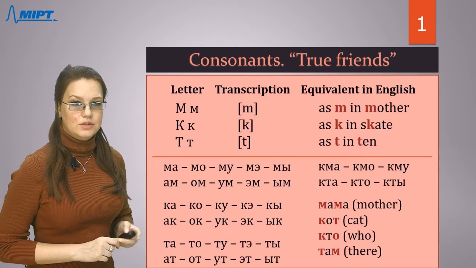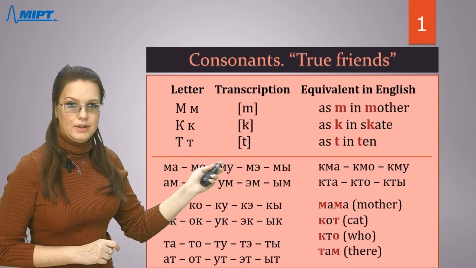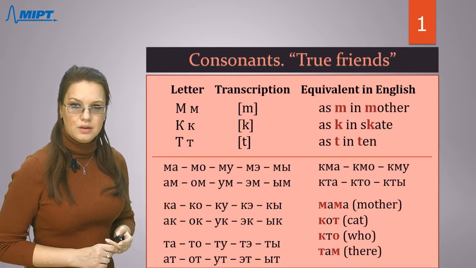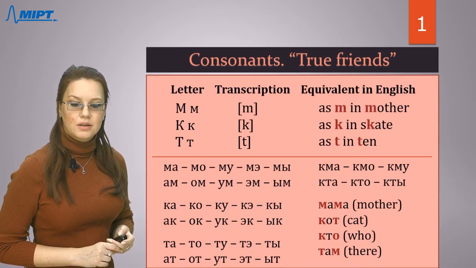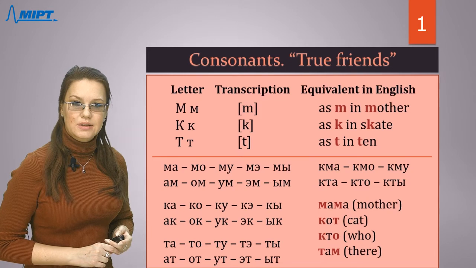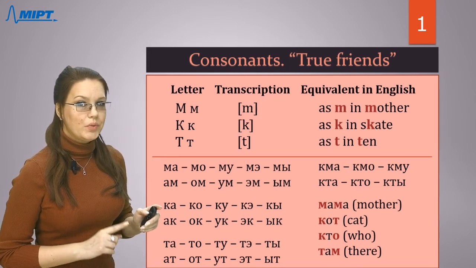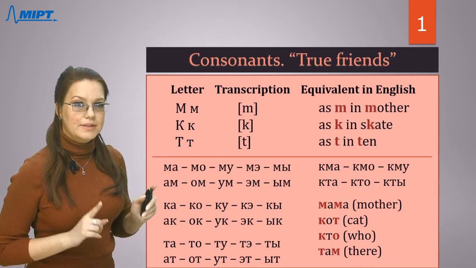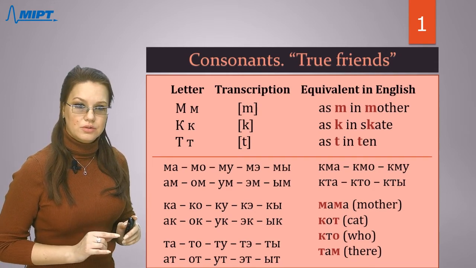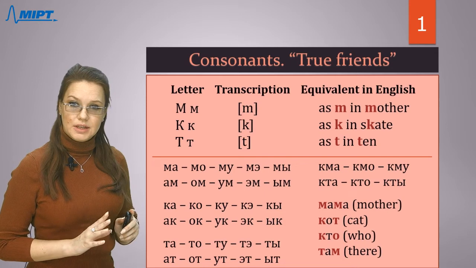So, let's try to read. First line. Kma, kmo, kmu, kta, kto, kty. I'd like to say that you just need to read every letter. So, consonants, these sounds are never reduced in the Russian language, except in some words.